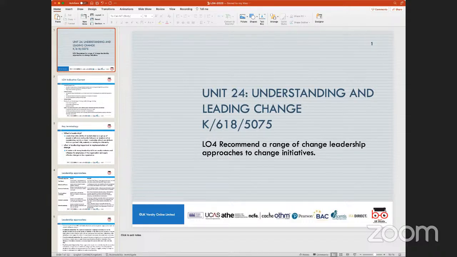So here, the context would be to look at suggesting approaches which could be utilized by the organization in the context of the tasks, activities, and challenges which the organization can actually face, and what kind of leadership approaches can be used to overcome those situations.